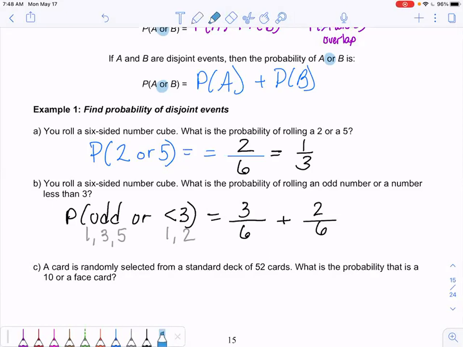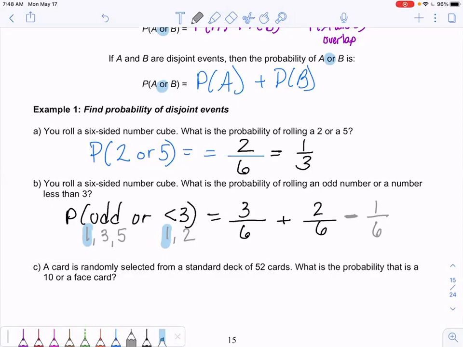However, the number 1 is also less than 3. That is called your overlapping event. I counted it as odd, but then we also counted it as less than 3. So we have to subtract 1 out of 6 because one of those numbers was counted twice.